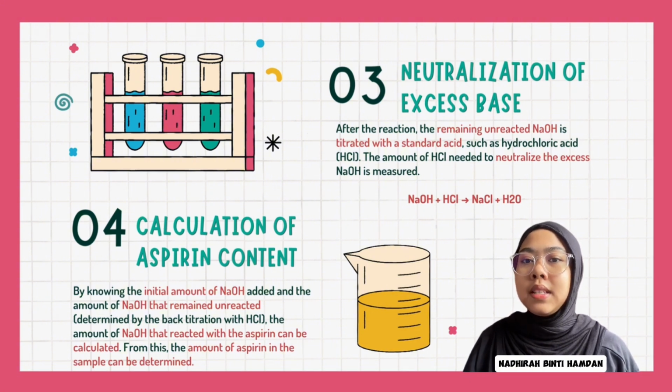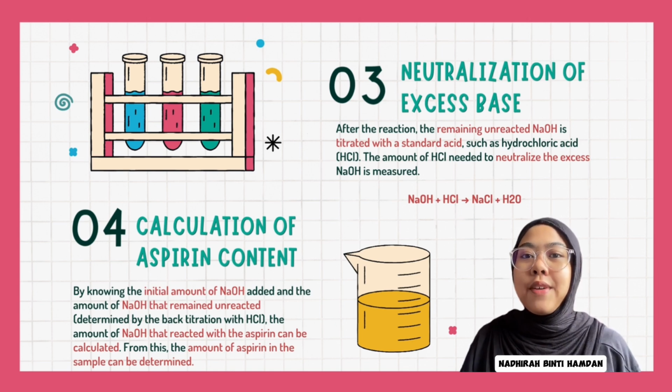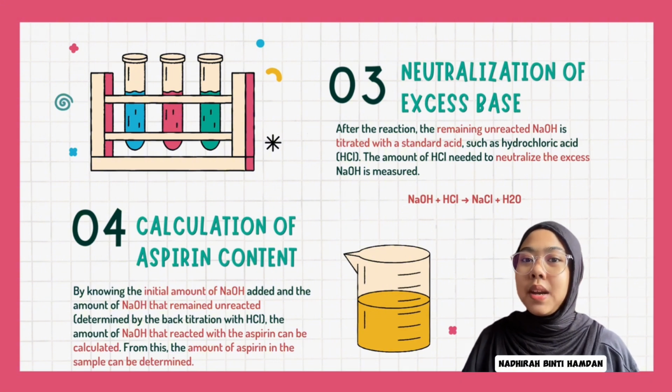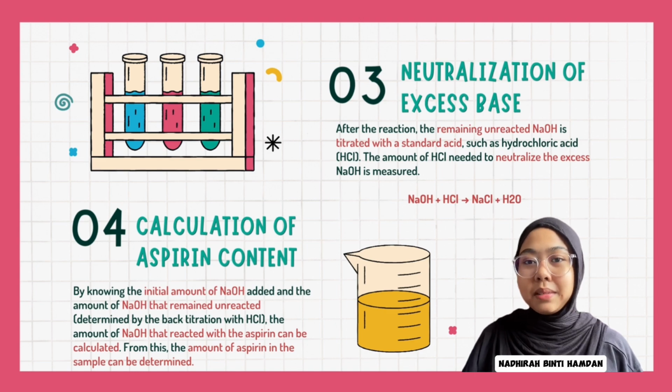The amount of HCl needed to neutralize the excess NaOH is measured. And lastly, the calculation of aspirin content. By knowing the initial amount of NaOH added and the amount of NaOH that remained unreacted, the amount of NaOH that reacted with aspirin can be calculated. From this, the amount of aspirin in the sample can be determined.